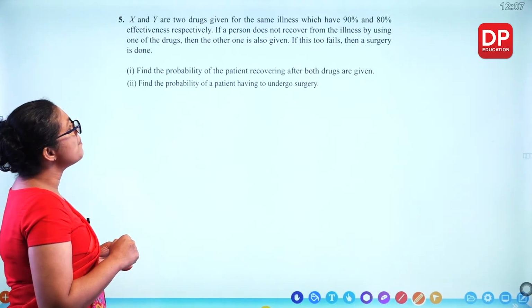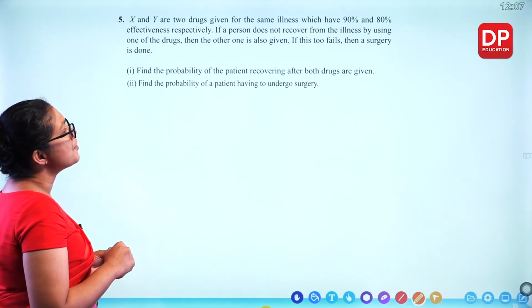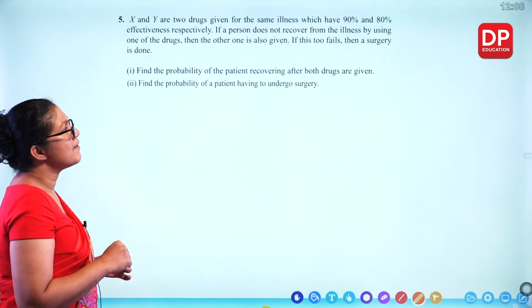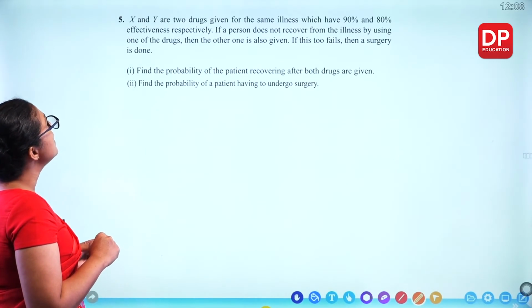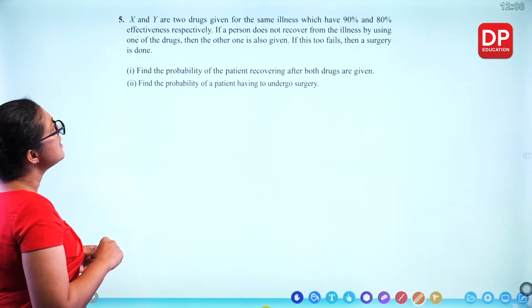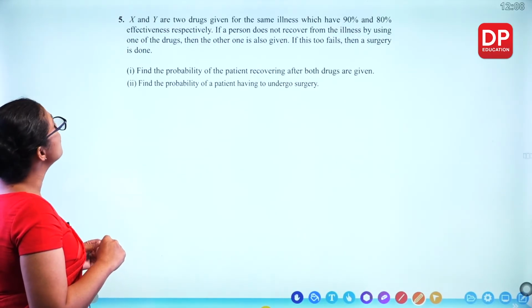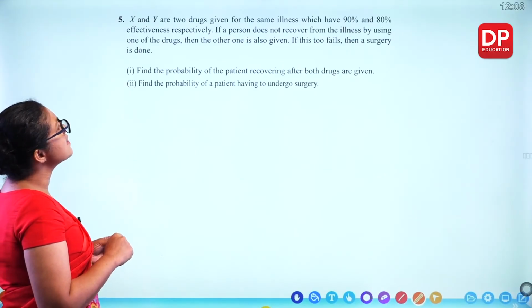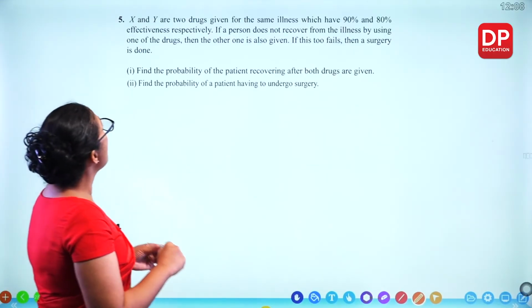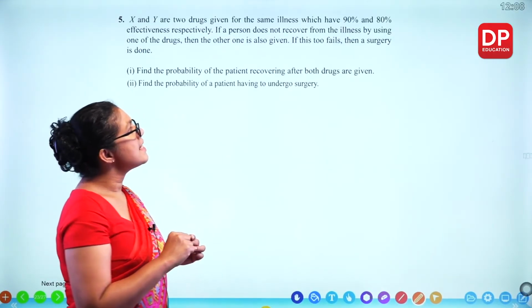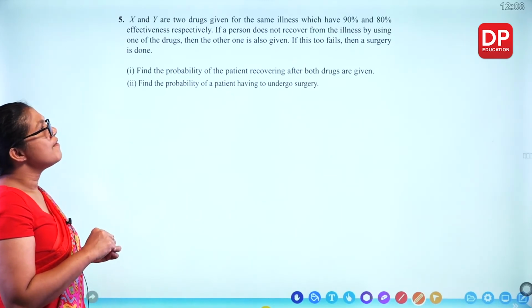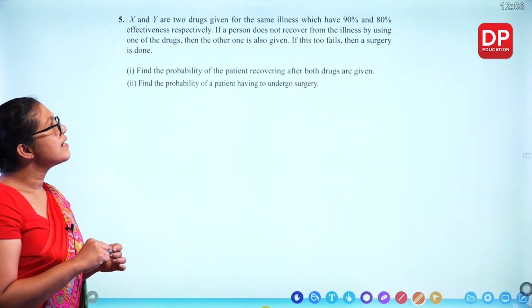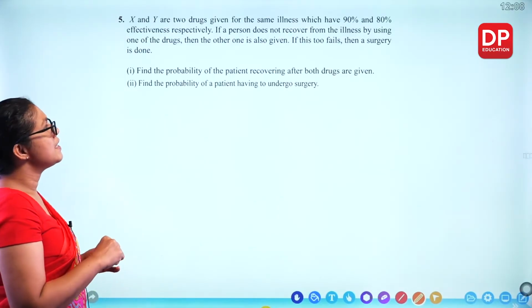Find the probability of the patient recovering after both drugs are given. So first thing, giving X and giving Y. So we have to think about giving X and recovering percentage is 90%. When you give Y, recovering percentage is 80%.